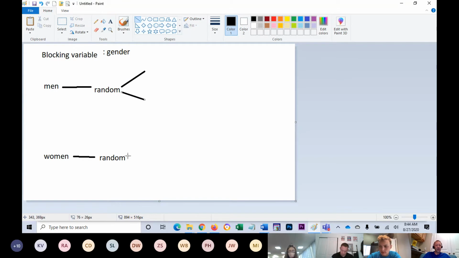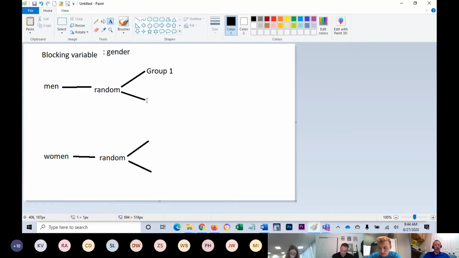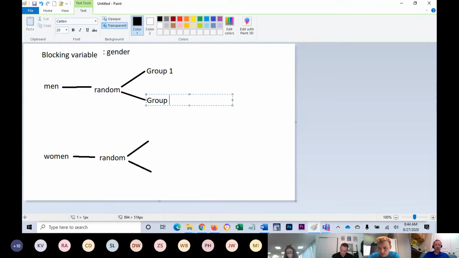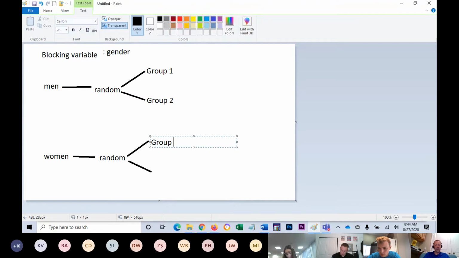And I'm just going to do 2 groups because this is simple. I'm trying to keep it simple. You could have 3 groups or whatever. So you'll have group 1 and group 2, and you'll have group 1 and group 2. Okay.